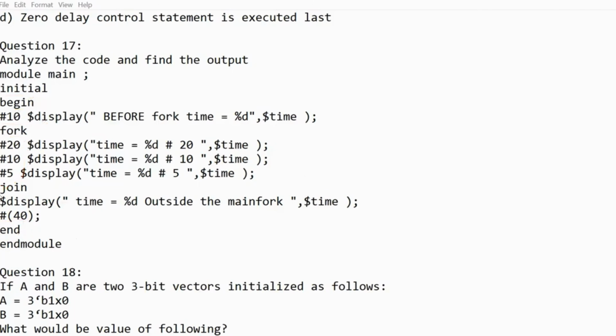First delay 5. Okay, after that 10 and next 20. Within the fork join, those statements will execute accordingly. But the fork join is within the begin end.